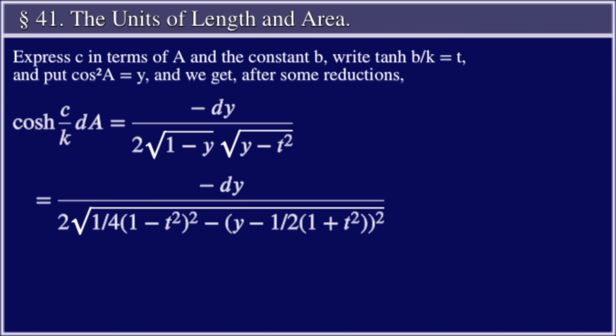minus dy divided by the quantity 2 times the square root of 1 minus y times the square root of y minus t squared, equal to minus dy divided by the quantity 2 times the square root of one quarter times the quantity 1 minus t squared, squared, minus the quantity y minus one half of 1 plus t squared, squared.